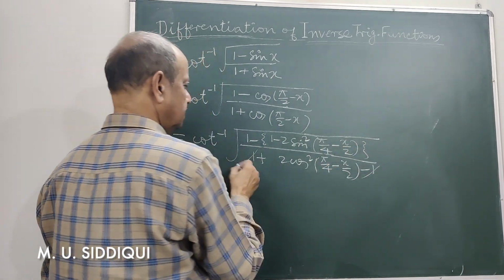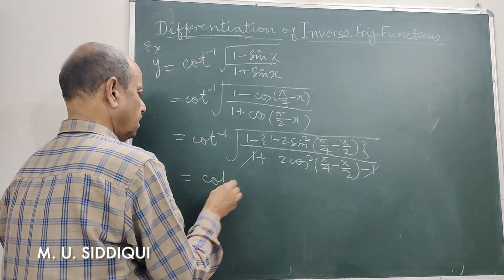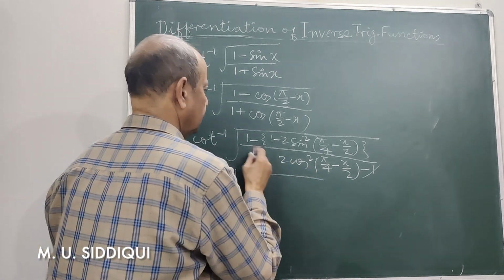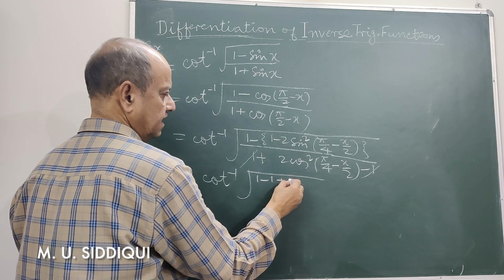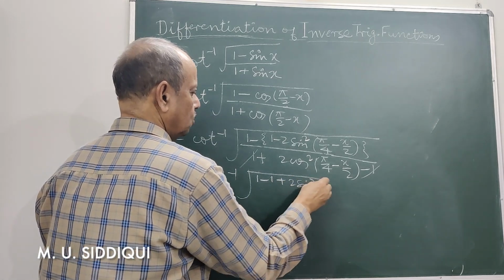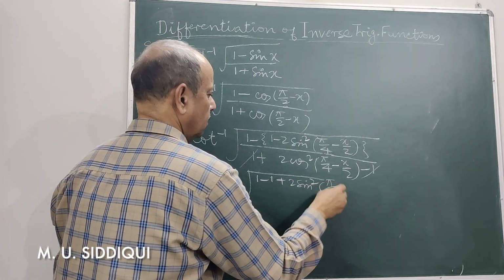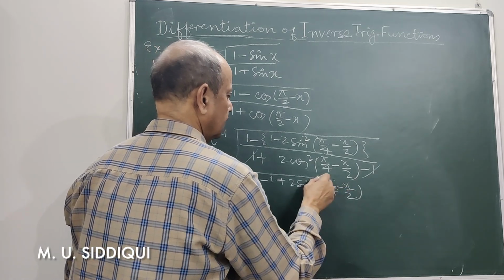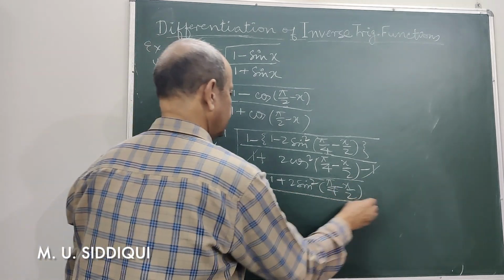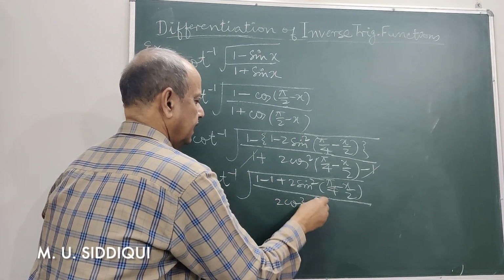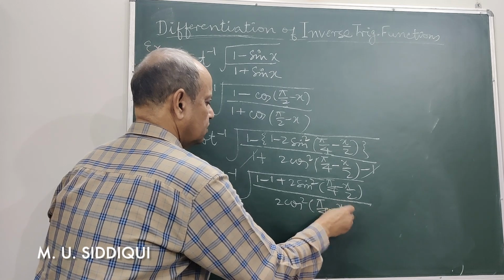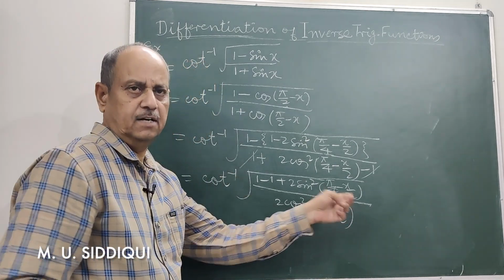This 1 cancels here, and then you get cot inverse of root of 1 minus 1 plus, it will change and make it plus sign, 2 sine square of pi by 4 minus x by 2, and in the denominator it is 2 cos square and the angle is pi by 4 minus x by 2 as it was there in the numerator also.